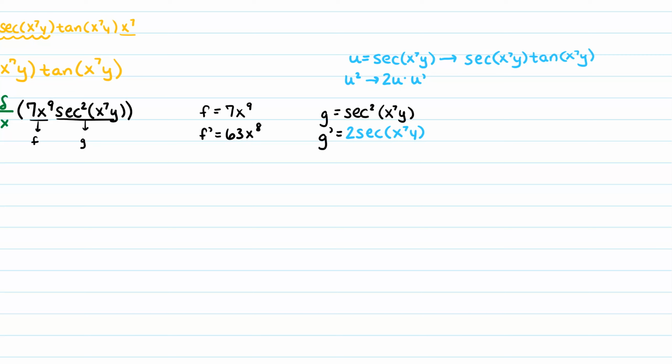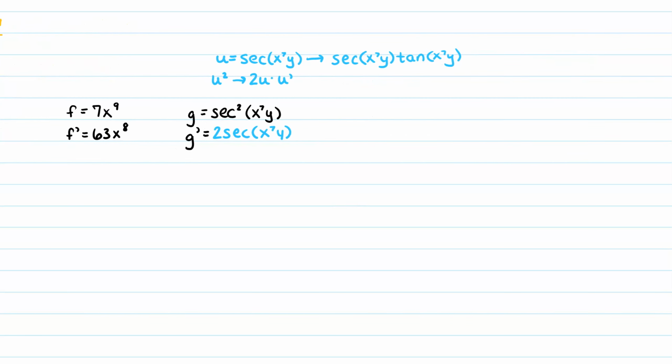But it wasn't just x in there, it was x^7y. So we have to think about the partial derivative of x^7y with respect to x. So the y is going to come out like a constant, and then the derivative of x^7 is 7x^6.